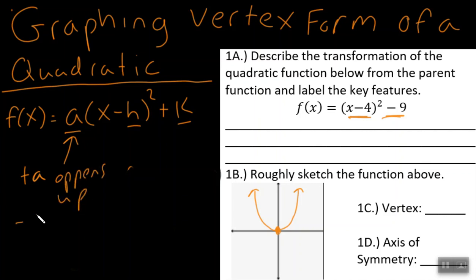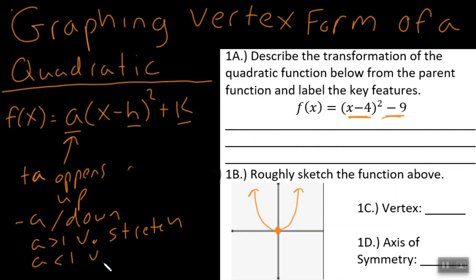And if it's a negative a value, you would say that the graph opens down. Also, the a value determines how wide or narrow the graph is. So when a is greater than 1, it gets narrower, and we're going to call that a vertical stretch. And when a is less than 1, then we can call that a vertical compression.